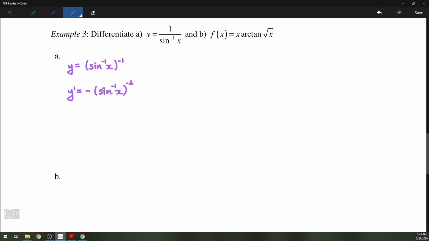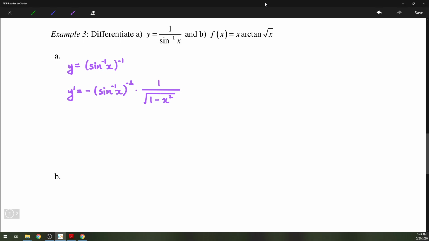Then the chain rule means we take the derivative of arc sine, which is going to give us 1 over the square root of 1 minus x squared, which is what we saw on the last page.